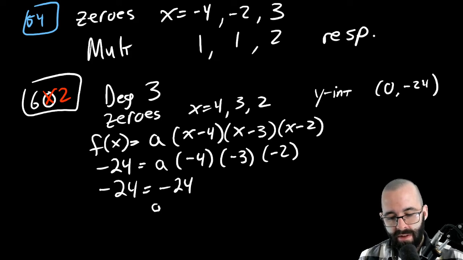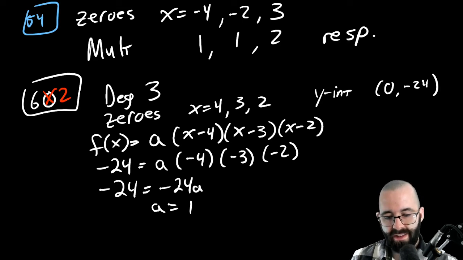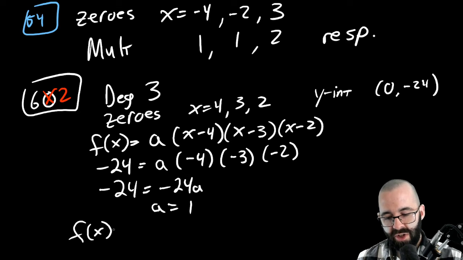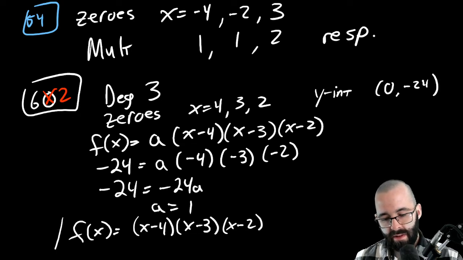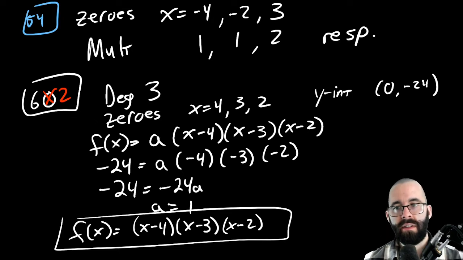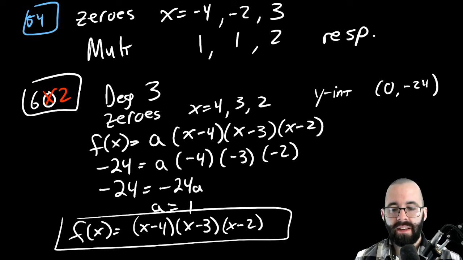Oh, a is just 1. Our function really is just x minus 4, x minus 3, x minus 2. And you could check, if you graph this, that it has all the required properties.